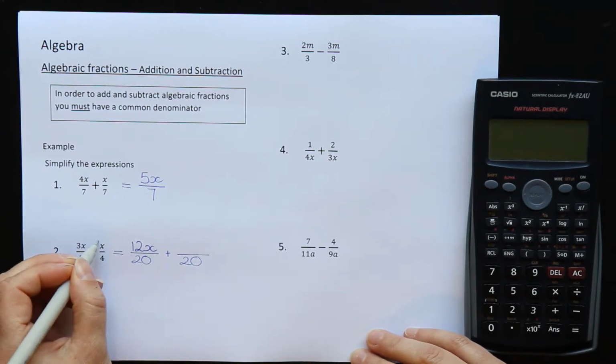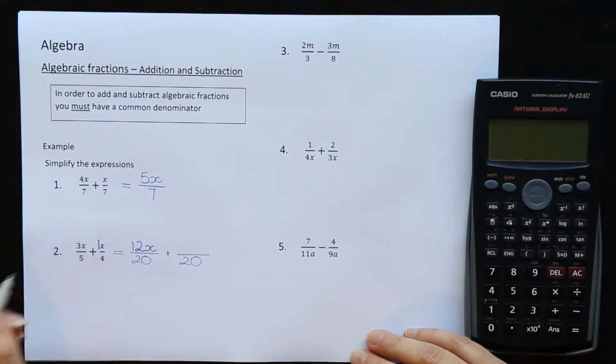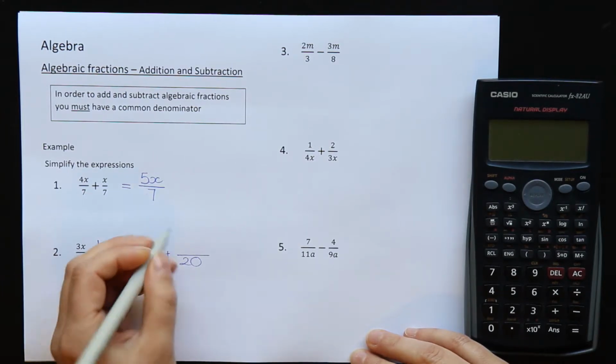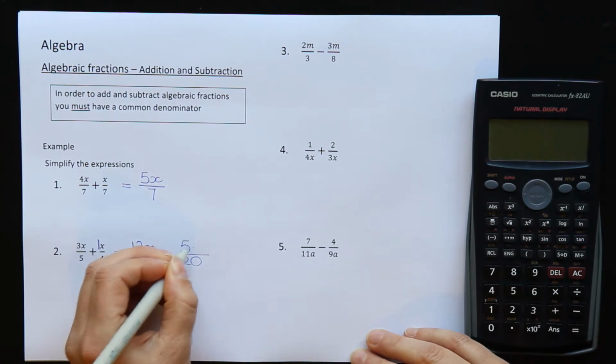Now in this fraction, it can be helpful if I write a little 1 here. I had a 4 on the bottom. I have multiplied that 4 by the 5, so I have to multiply the top by 5 as well. 5 times 1 is 5x.